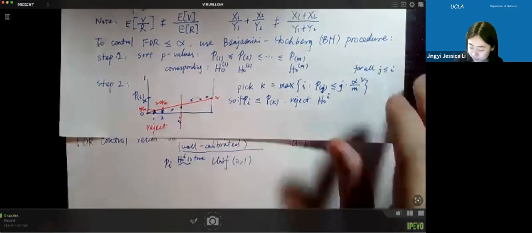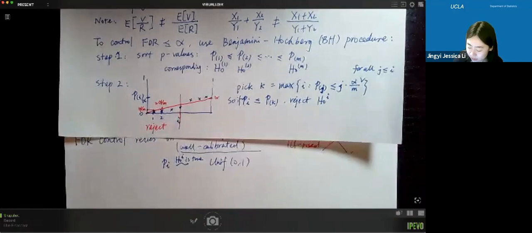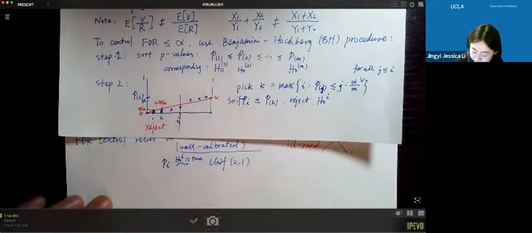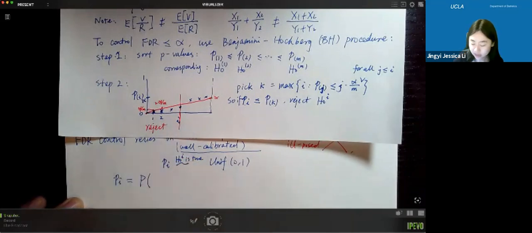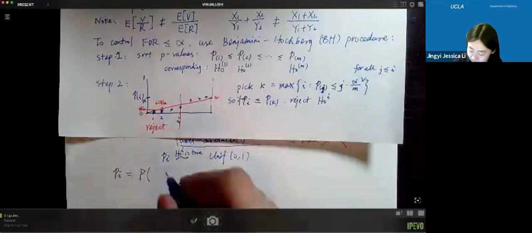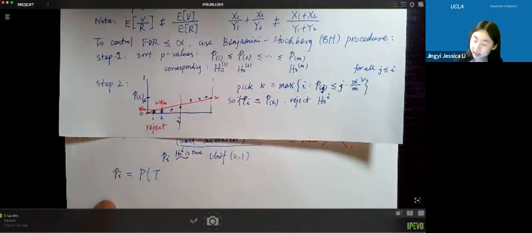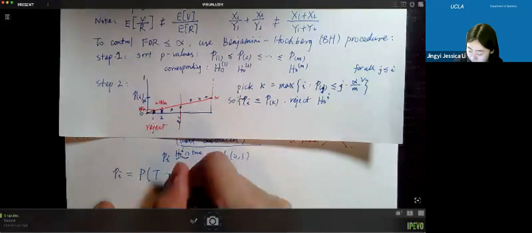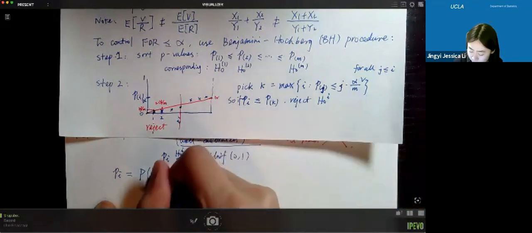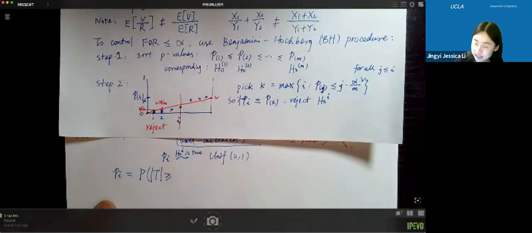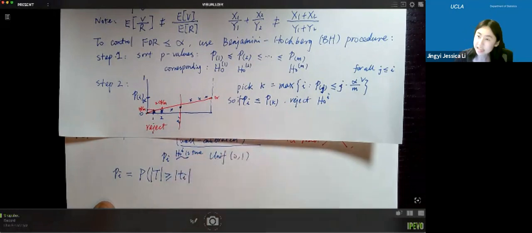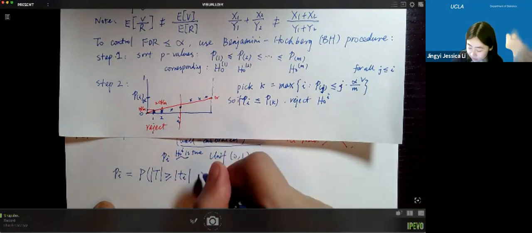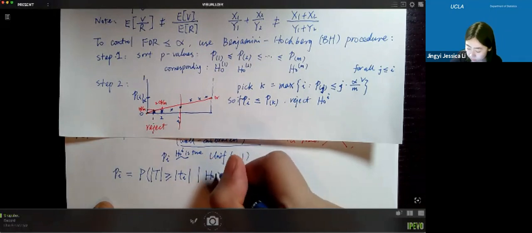If you think about it, in the t-test case, what we define is that pi is the probability that our test statistic is greater or equal than our observed ith t-statistic value under the null hypothesis. I'm going to do a two-sided t-test. Or probably I should do this.